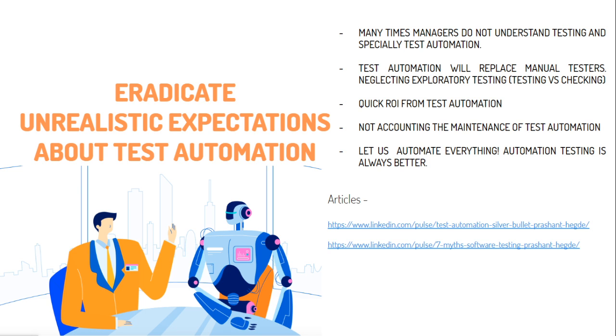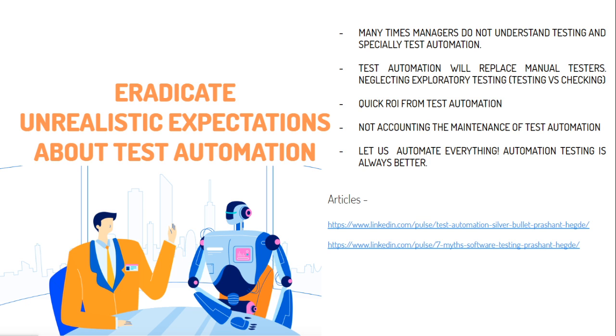So if you don't set the expectation right, and if you don't educate your stakeholders, they will not be satisfied no matter how well test automation does. And also it's important to have a definition of success for test automation. You need to define what success means to test automation, and also educate your stakeholders on what test automation can achieve.